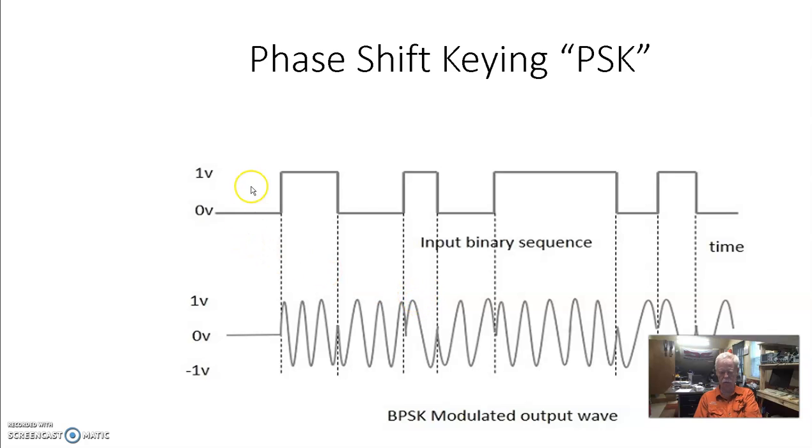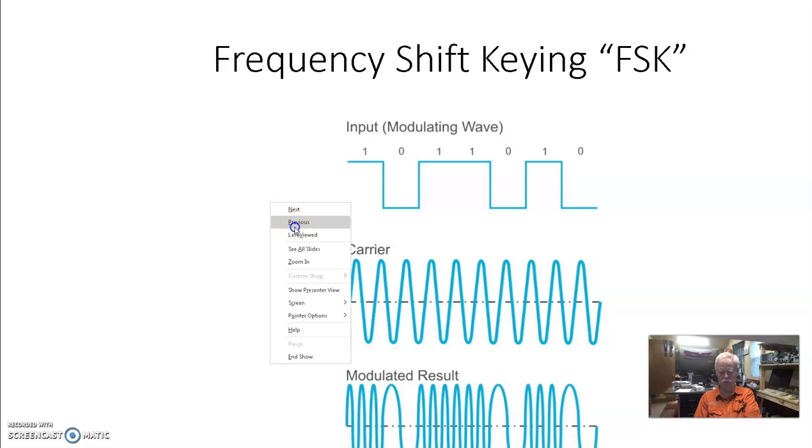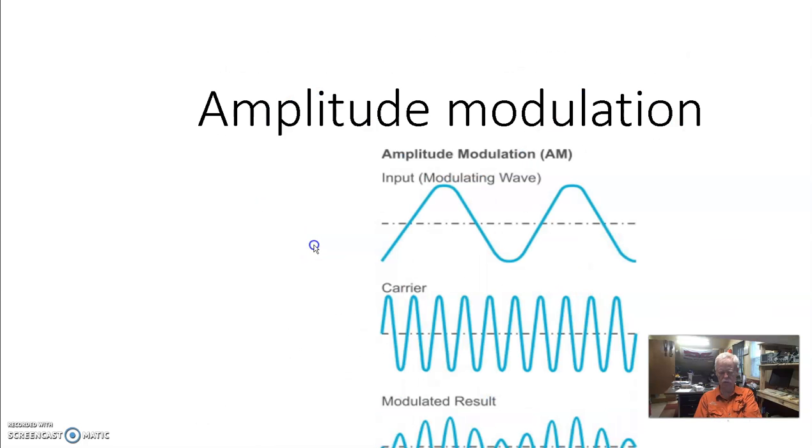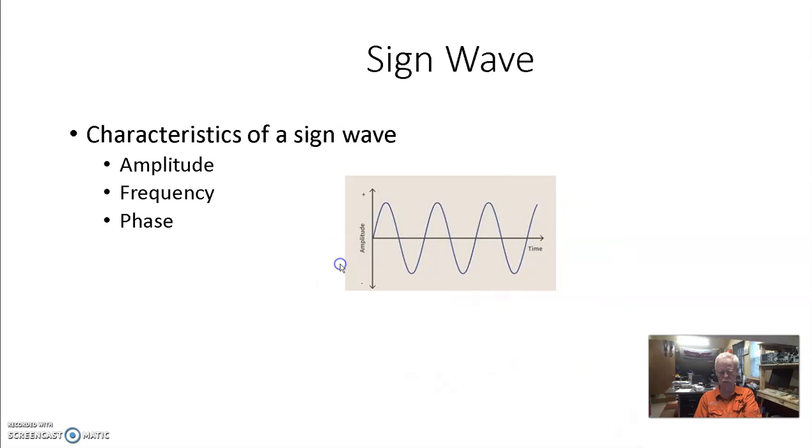Now I want to back up a little bit and show you something that I failed to mention. I want to go back to sine waves. Notice that this sine wave contains no DC terms. In other words, this is a pure sine wave, and there's no DC component in it.